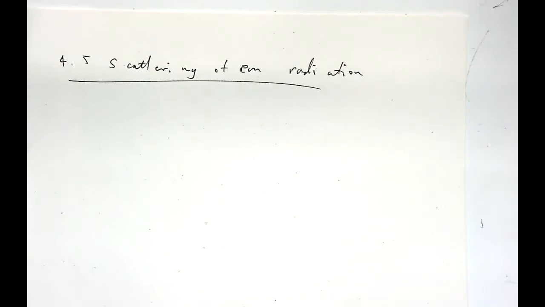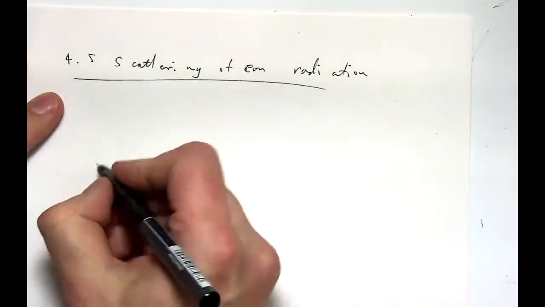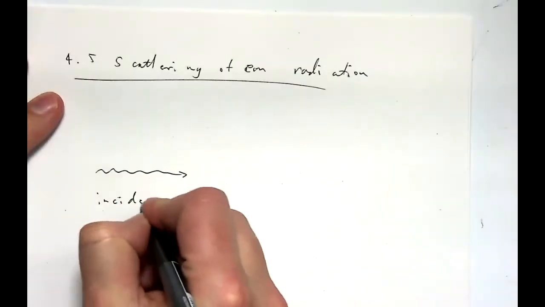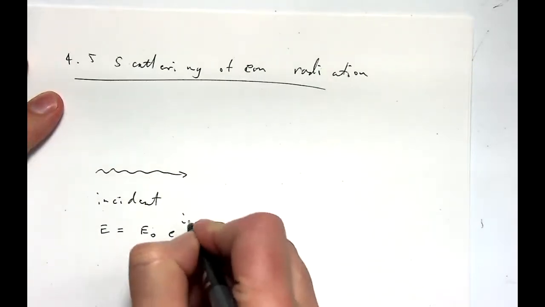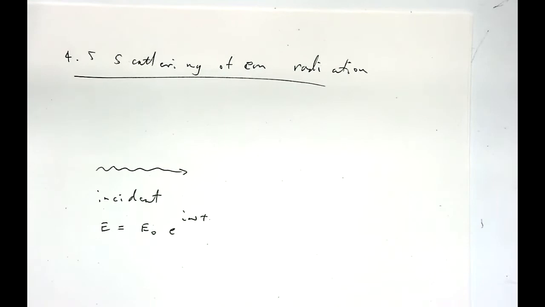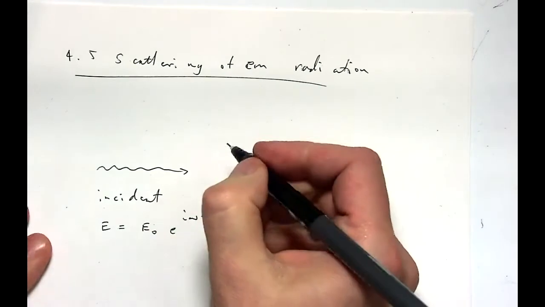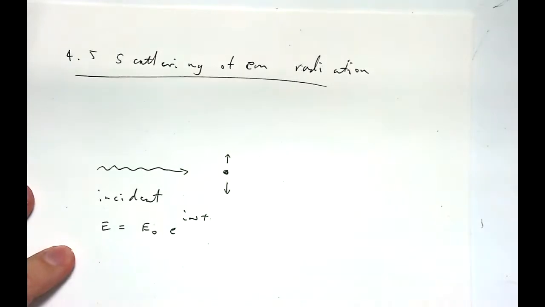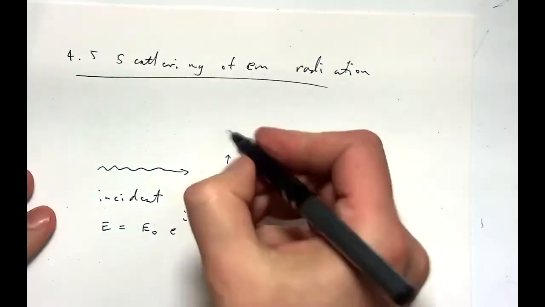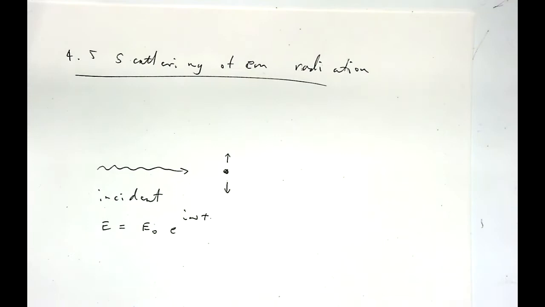Now, remember we said a couple of sections ago that if we had an incident photon, which we took to be a plane wave with an electric field oscillating in time, when that was incident upon some charged object, say atoms or the electrons within them, the acceleration imparted to the charge by the incident radiation gives rise to radiation of the charge itself.